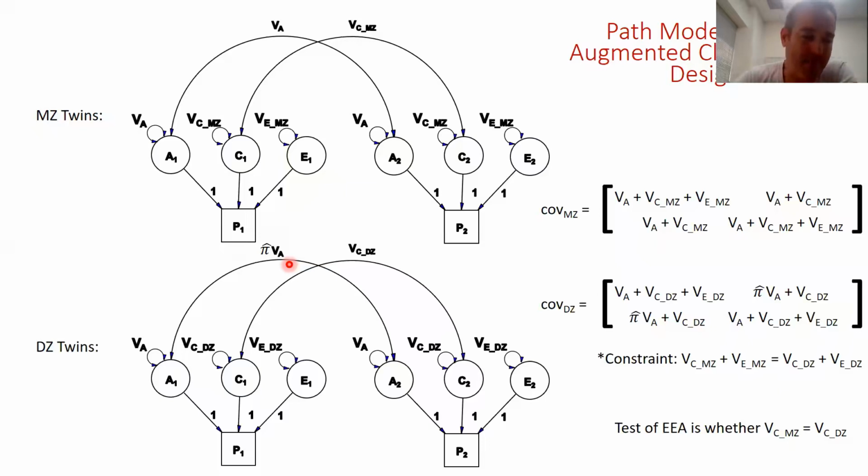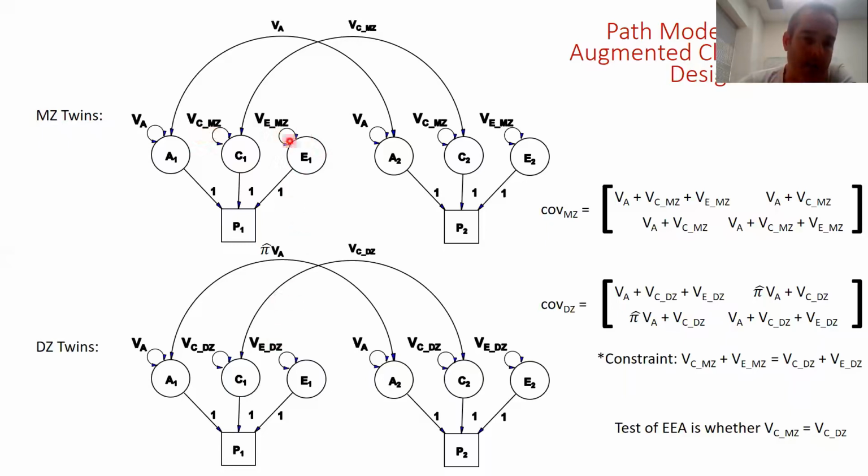What we're going to do with that extra degree of freedom is use it to investigate the equal environments assumption. So here, we've used it to estimate different variance components for the common and unique environment for MZ and DZ twins.